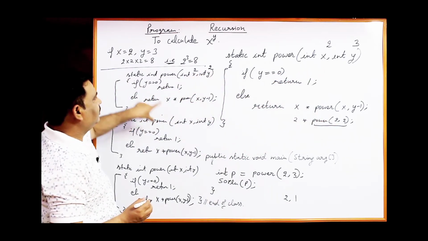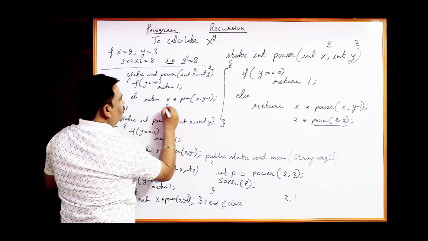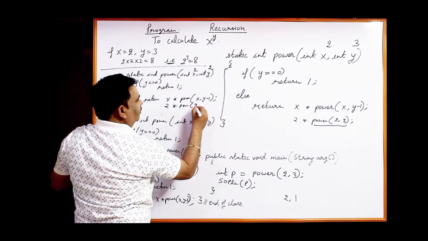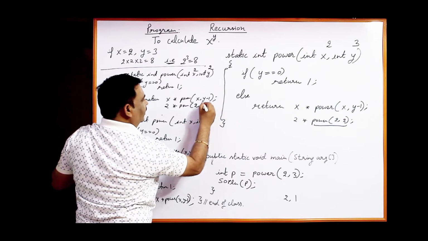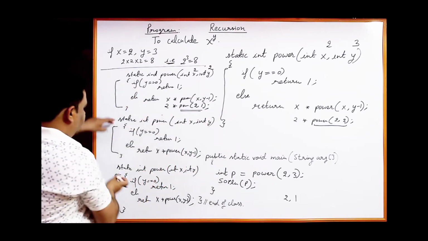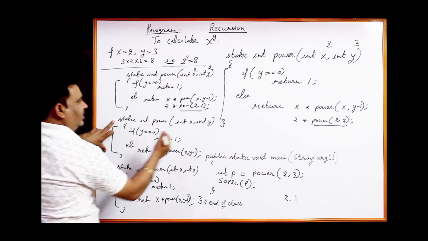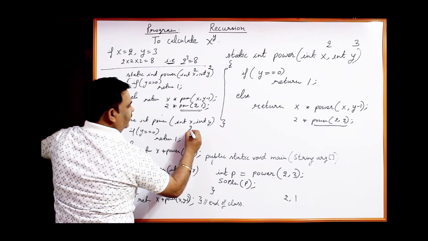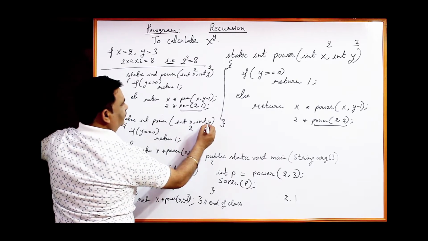Again the condition is false, same process: 2 multiplied by the function call, x will remain 2, 2 minus 1, 1. So here the function will be called. Suppose this is the next memory block. So here with 2 comma 1, x will be 2 and y will be 1.